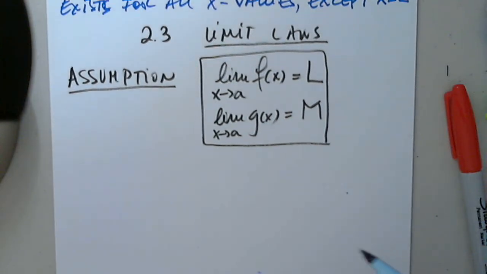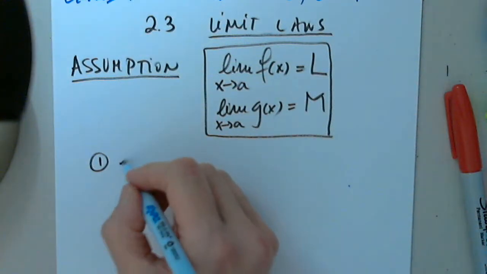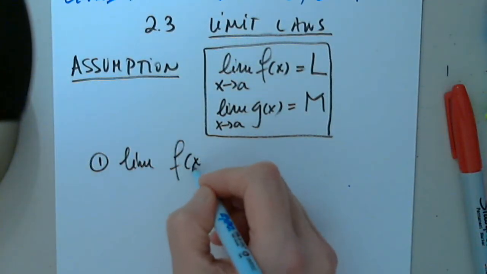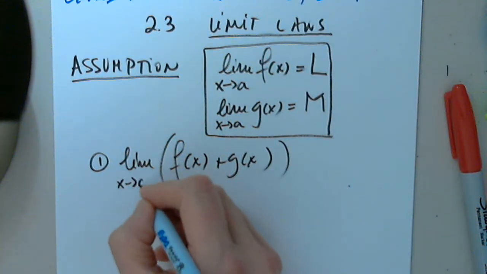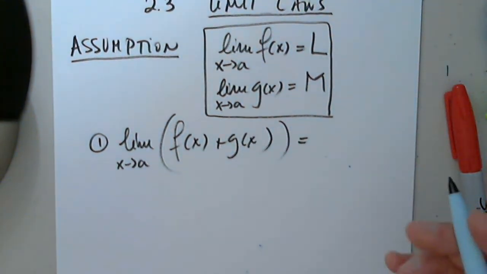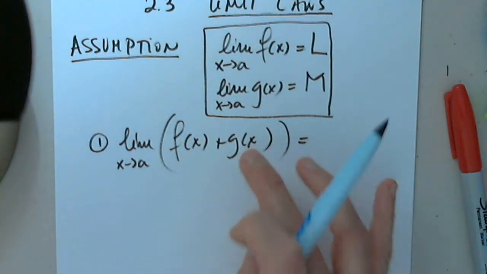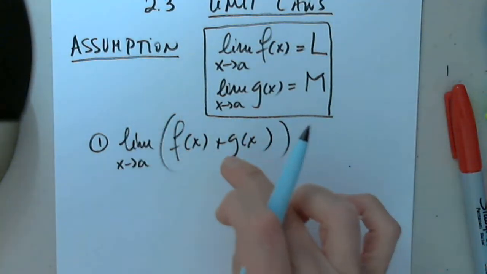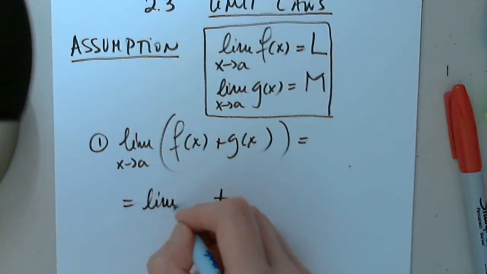So what are these? Here's one: the limit of a sum of two functions as x approaches a is, and no, we are not distributing the limit operator. We are only saying the limit of a sum equals the sum of the limits.